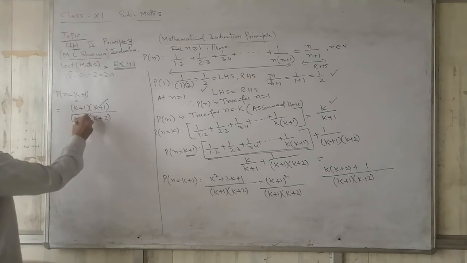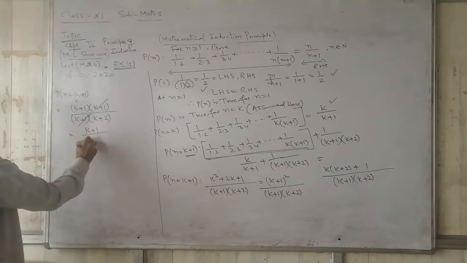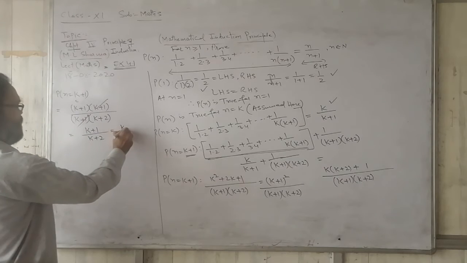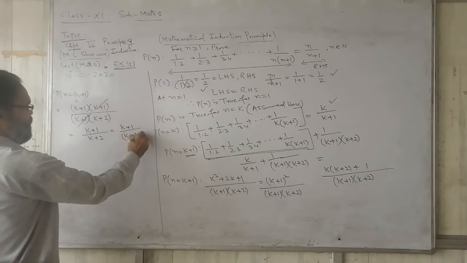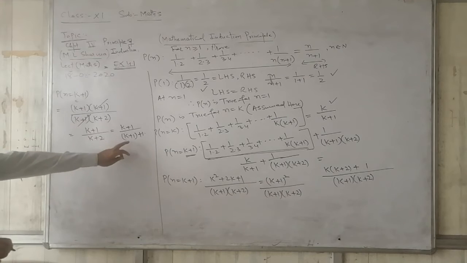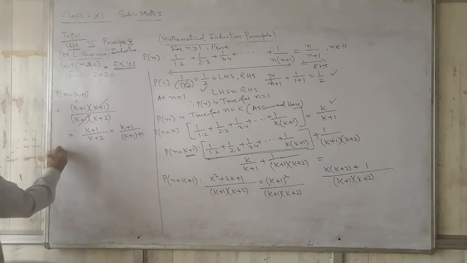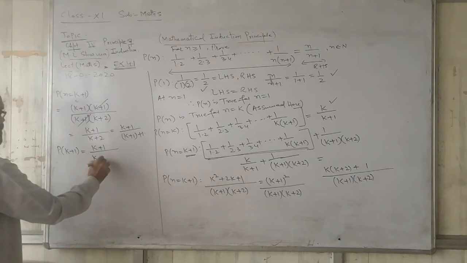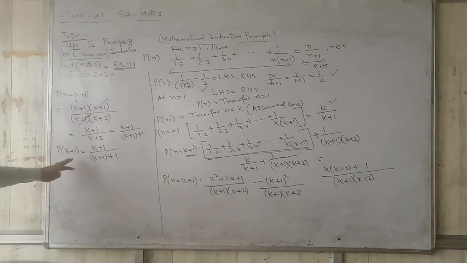Now this factor gets cancelled, so k plus 1 upon k plus 2, and k plus 2 can be written as k plus 1 plus 1, 1 and 1 is equal to 2. So finally P of k plus 1 comes to be k plus 1 upon k plus 1 plus 1. So this is the final expression.